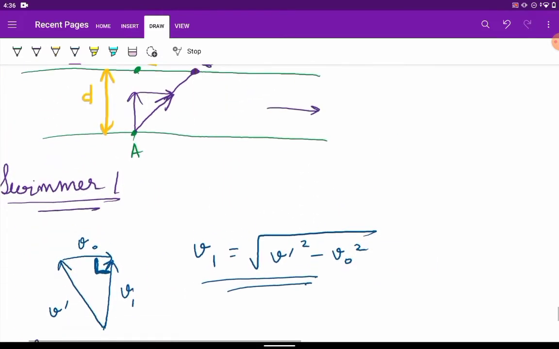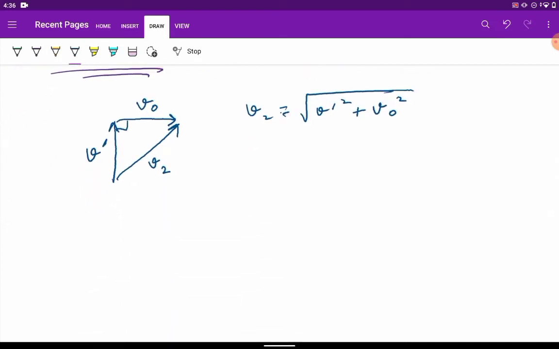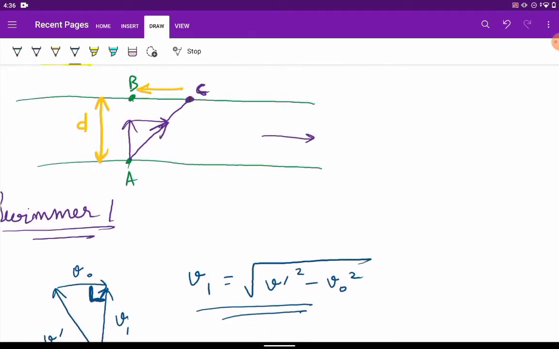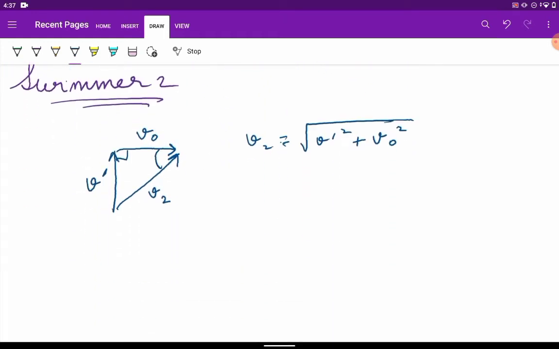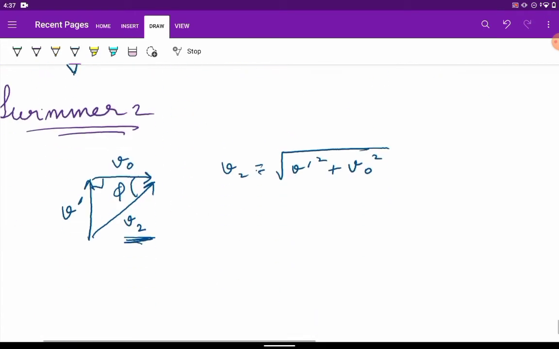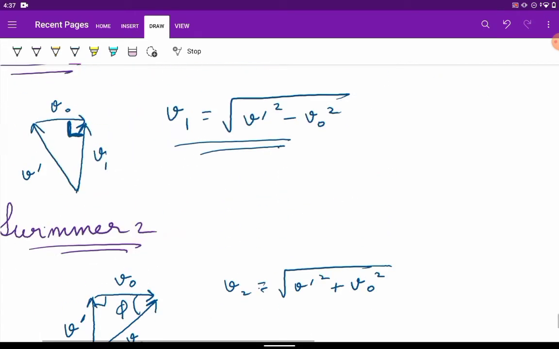Now if we consider this triangle ABC, drawing it again here, this is a right angle triangle, right? This AB is d, and let's say this angle is phi. This angle phi is the direction of v2, which is the direction in which the second swimmer swims, which is AC, with the horizontal, which is BC.